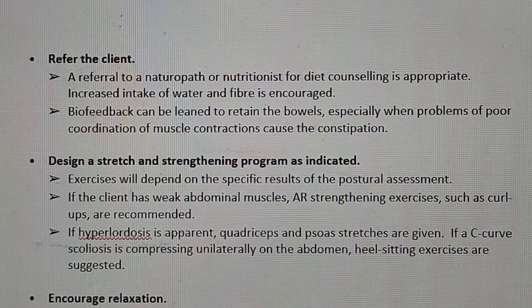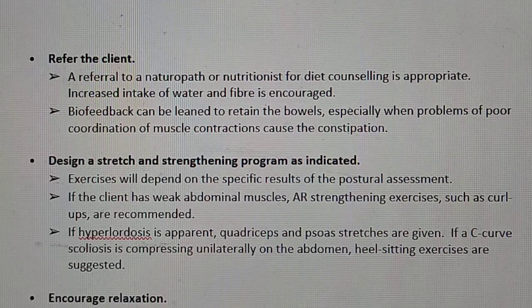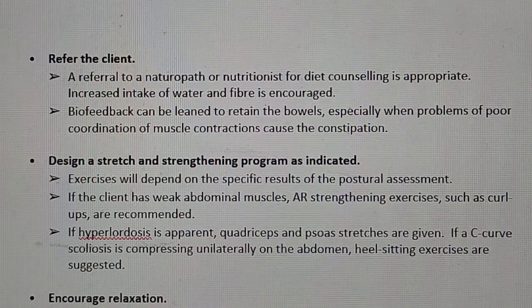If hyperlordosis, an excessive curve on the lower back, is apparent, quadriceps and psoas stretches are given. Quadriceps are the muscles located on the front of your upper leg. Psoas, like I mentioned, is on the inside of the hip area.